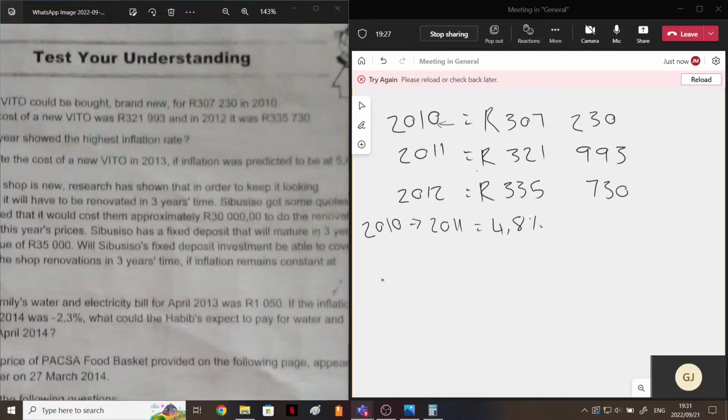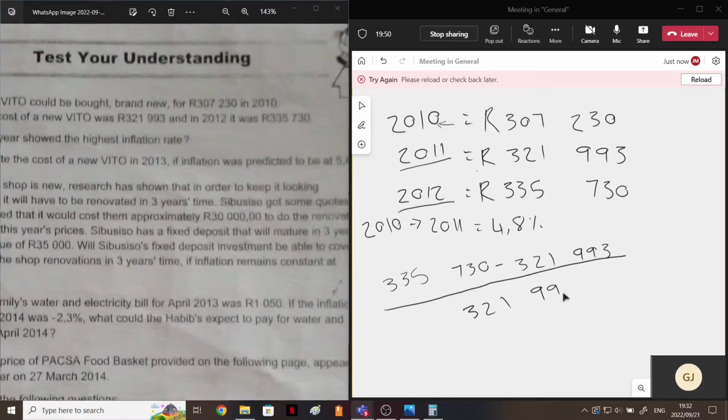So we have the new price, which is now 335,730 because we're working with these 2 years now. 335,730 minus 321,993. We're going to divide that entire thing by 321,993 and multiply that by 100.